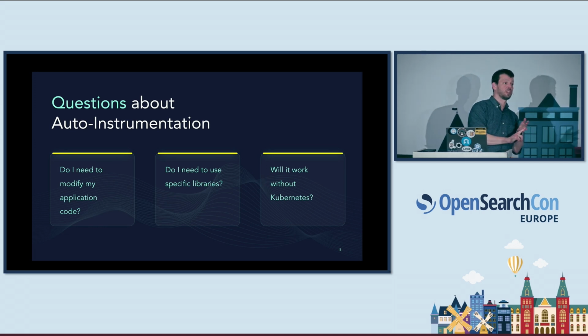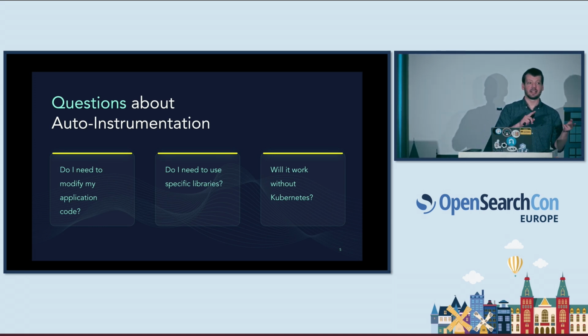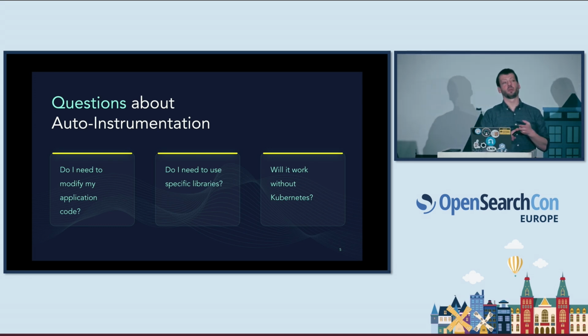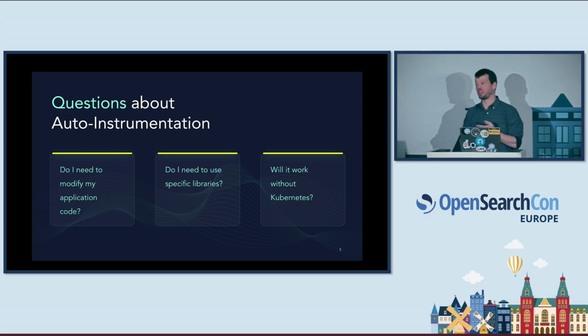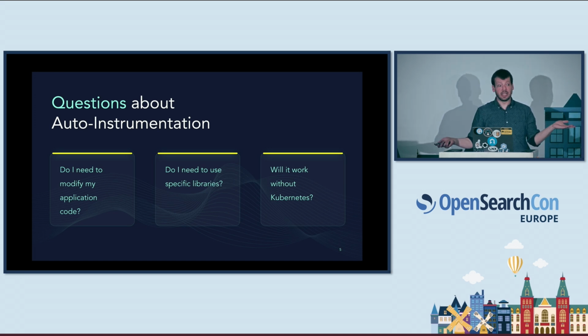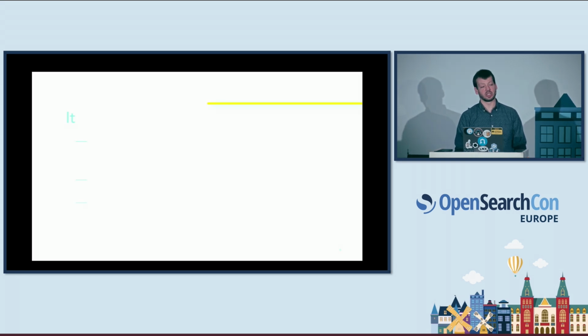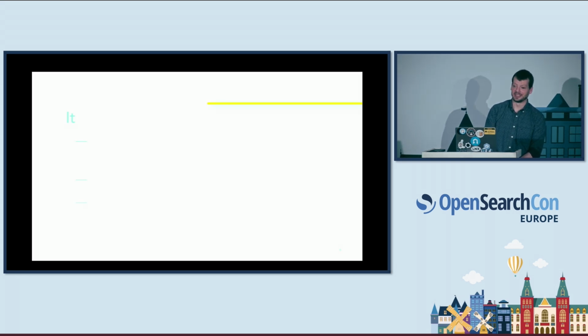Does it work if I'm using completely custom code, or do I need to use specific libraries and tools? And I see that, especially in the world of OpenTelemetry, the Kubernetes operator gets mentioned a lot when we're talking about auto-instrumentation. So will this work without Kubernetes? And if these were all yes or no questions, this would be a pretty short talk. So it depends. Let's dive in.